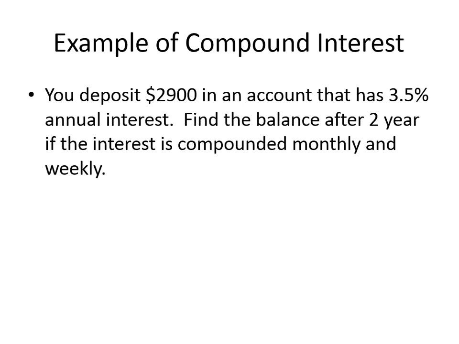So we're going to go ahead and use that formula to figure out how much money we would make. So we deposit $2,900 into a bank account. Okay, that's our initial amount. A is what we want to find. 1 plus the rate is 0.035 because you take 3.5 and you divide it by 100.